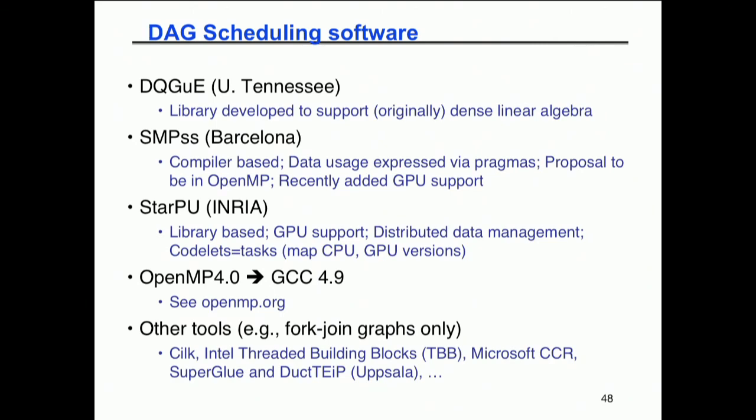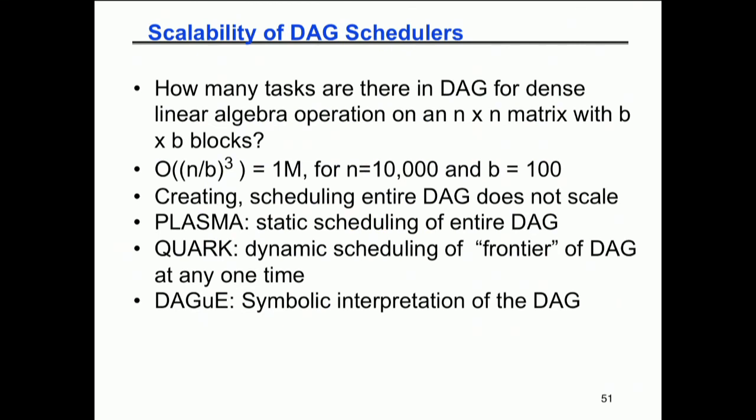But just to give you an idea of how many tasks there are in these things, so let's say that we're talking about the DAG, which is the graph of tasks, which are directed acyclic graphs, so that's the DAG. And so we've got an n by n matrix with b by b blocks.